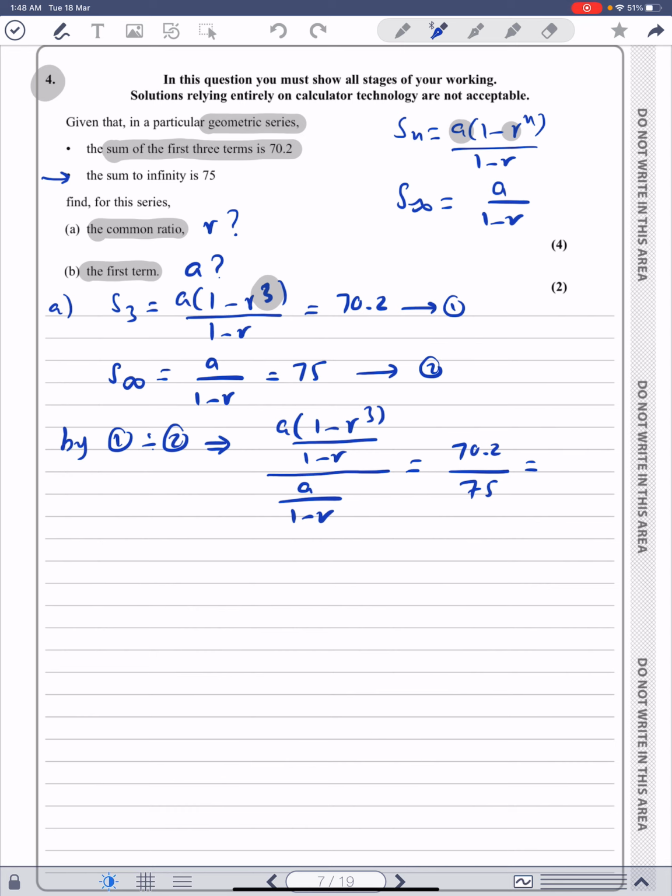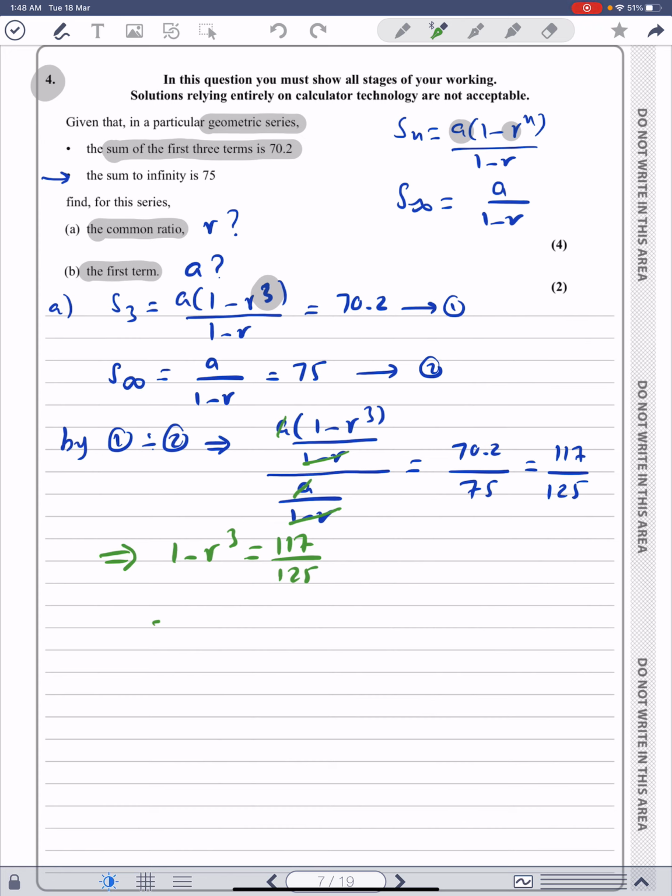by simplifying without decimals to make the question easier, getting 117 over 125. By simplifying this side, a with a cancel each other, and 1 minus r, getting only 1 minus r cubed equals 117 over 125.